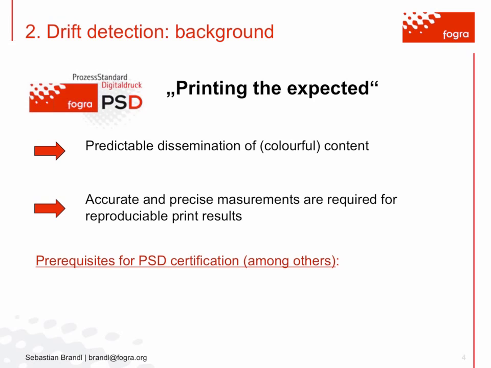Some prerequisites for the PSD certification are therefore to have an external handheld color measurement device, not only a spectral proofer or something like this, because we would like to make sure that service providers are able to use their handheld devices and measure individual colors, and to double check.